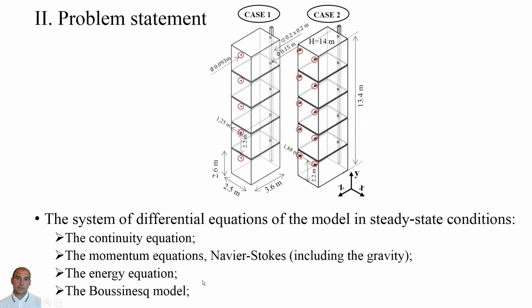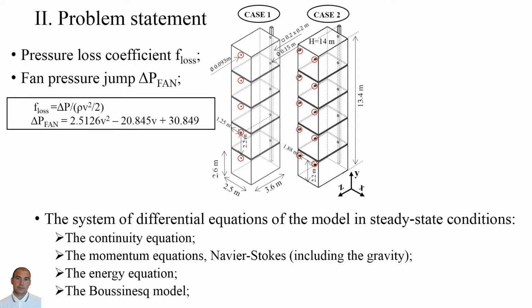The models include the mass, momentum with gravity, and energy equations coupled with the buoyancy model. The assumptions made for the models are that the values of atmospheric parameters are constant and the wind velocity is zero.